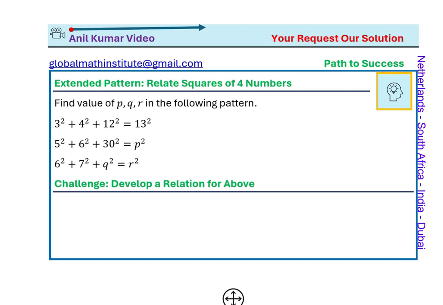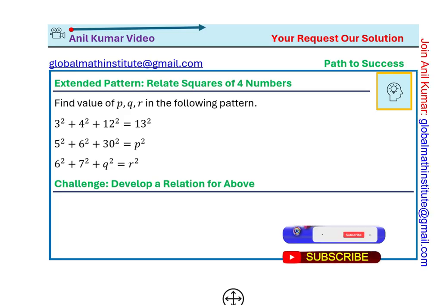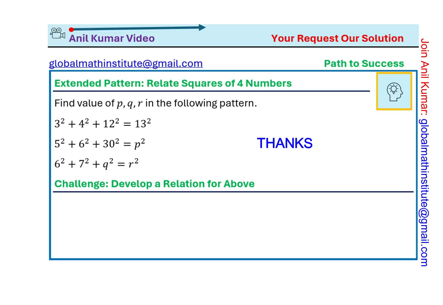Once you've understood this strategy, take this problem as a challenge question and try to derive a formula for these kinds of things where four terms are related: 3 square plus 4 square plus 12 square equals 13 square. Likewise, we can make a series in this particular fashion. I hope that will give you some curiosity to explore and technical skills to get to the result.